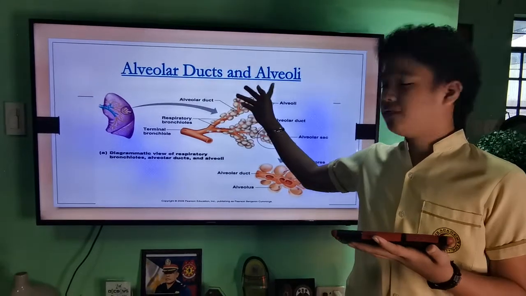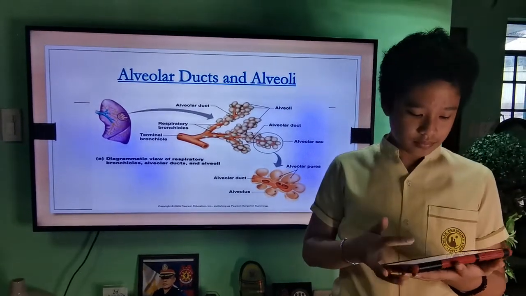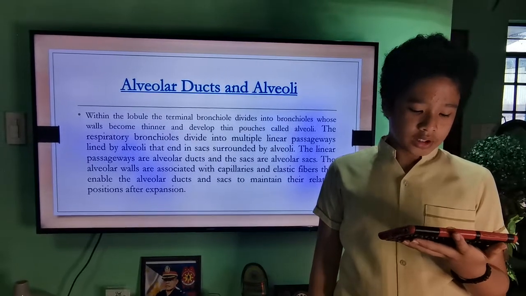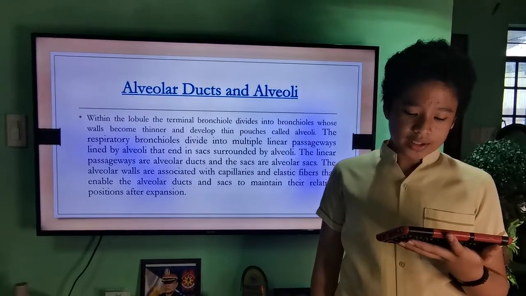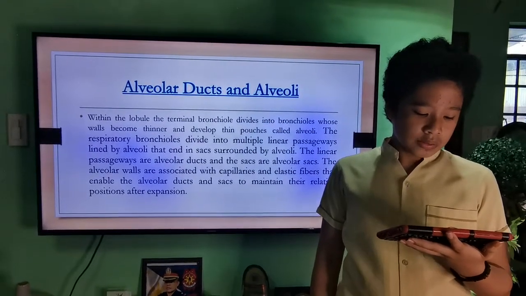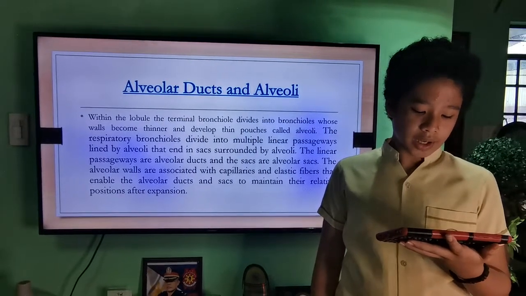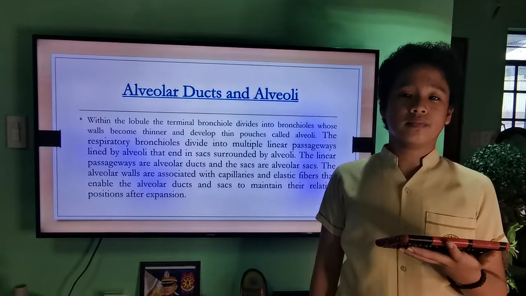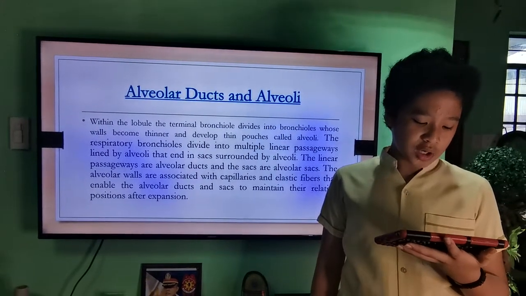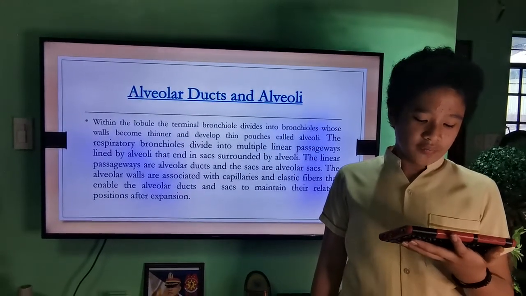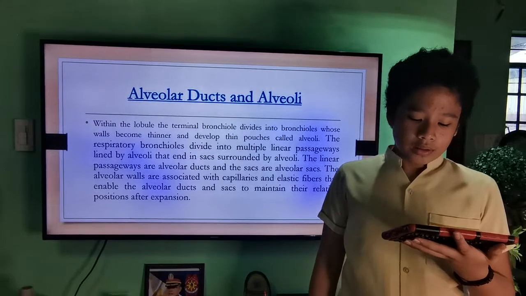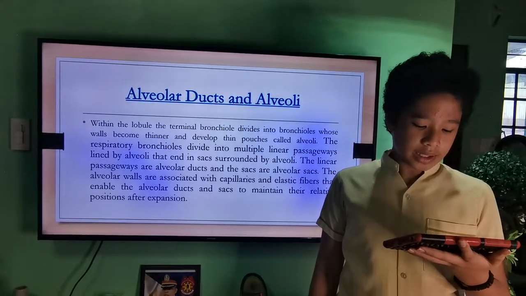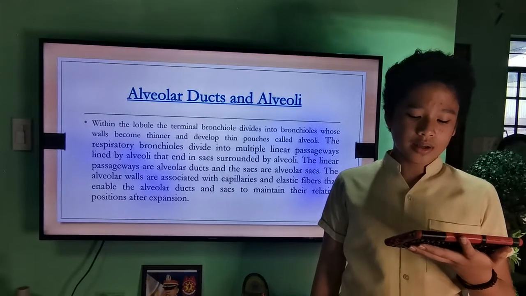Alveolar ducts and alveoli. Within the lobule, the terminal bronchiole divides into respiratory bronchioles whose walls become thinner and develop thin pouches called alveoli. The respiratory bronchioles divide into multiple linear passageways lined by alveoli that end in sacs surrounded by alveoli.